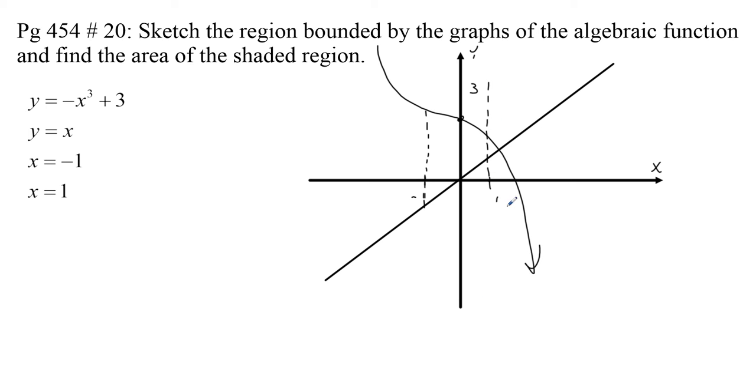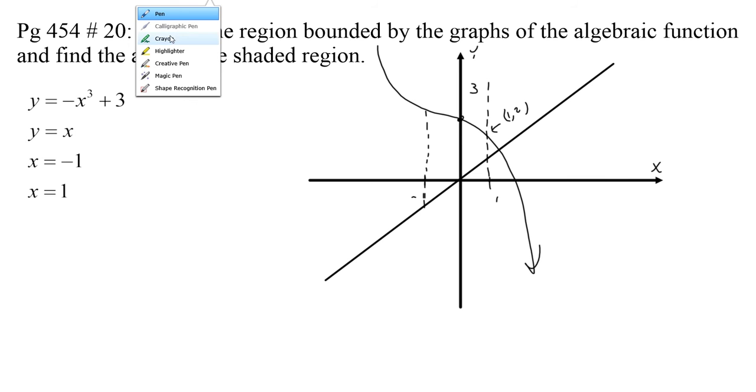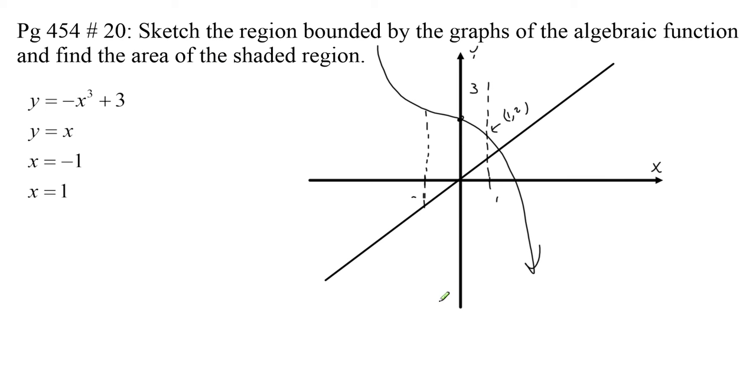And I know that this point is not 1 because when I plug in 1, I get 1 out. So this would be 1, 1. When I plug in 1 here, I get 2. So I know that that intersection point is 1, 2. And so I know it's not that one, just in case you wanted to know. So the only bounded region between these values is this region right here.